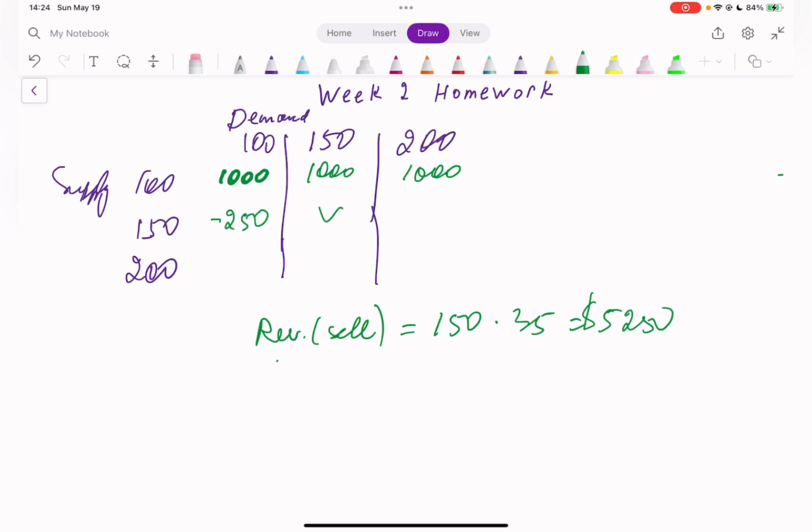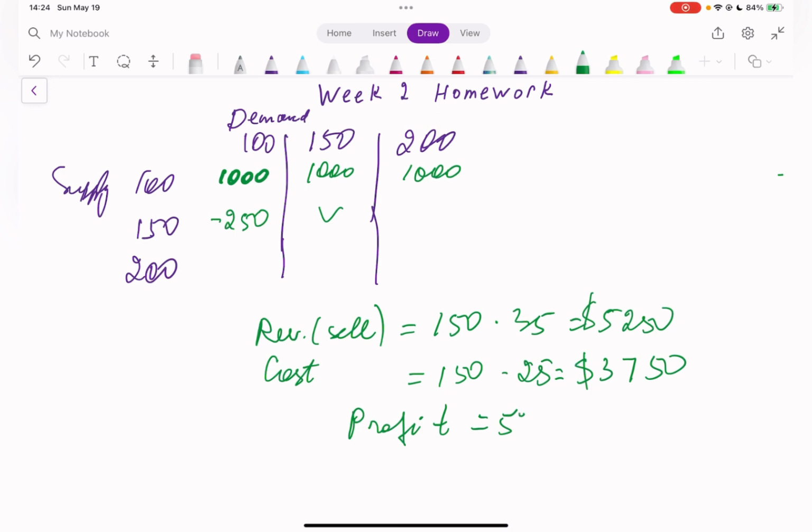And the cost is gonna be 150 times 25, right? And it's gonna be 3,750. So profit is gonna be 5,250 minus 3,750, and that is gonna be $500 here. We're gonna have profit.